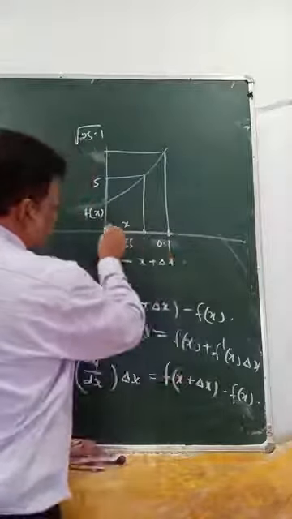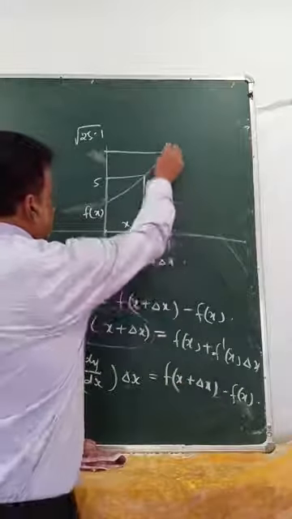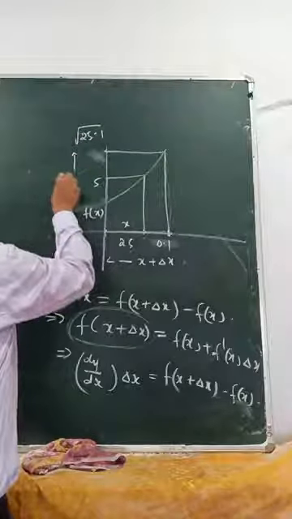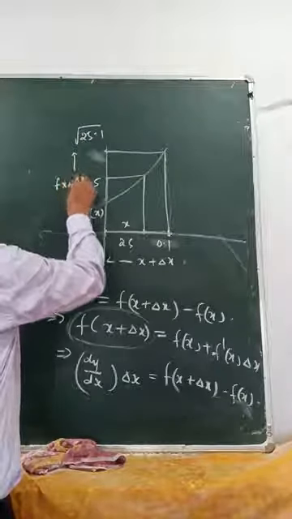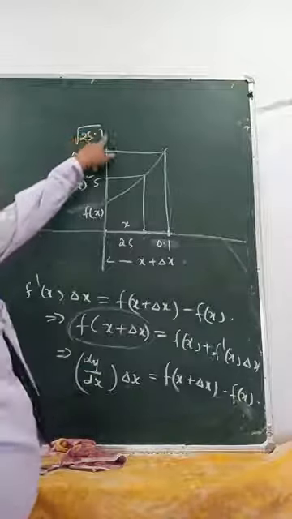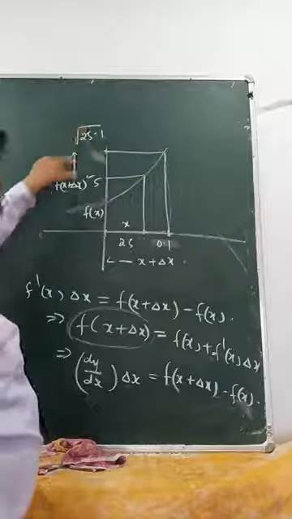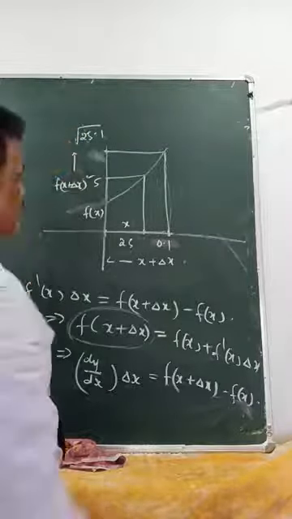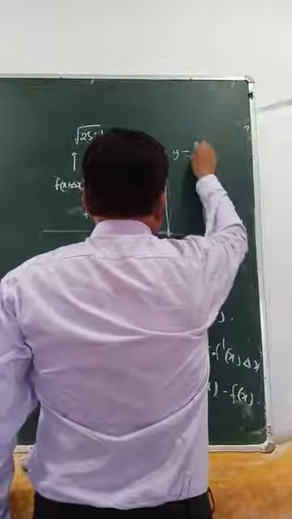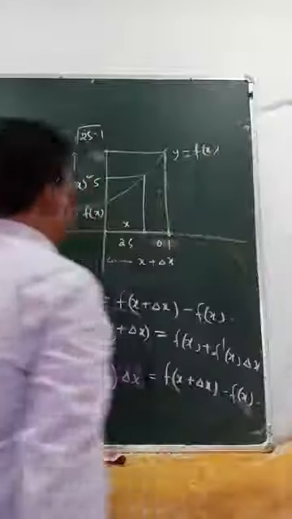So corresponding to x plus delta x, you are going to find this length, which is your f of x plus delta x, which is nothing but square root of 25.1. So this is what we want to find out, if this is your y equals f(x).